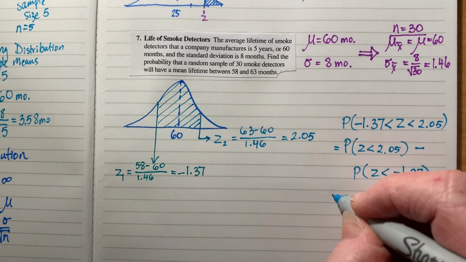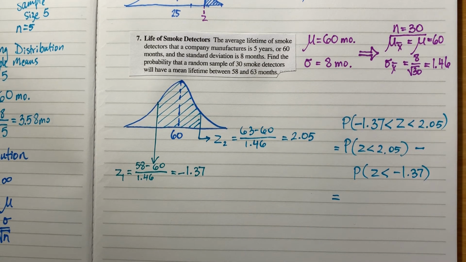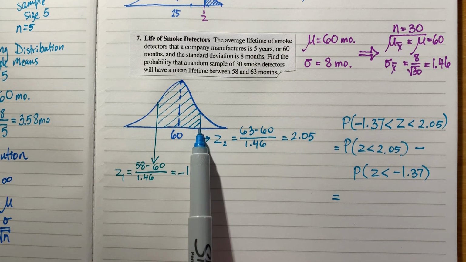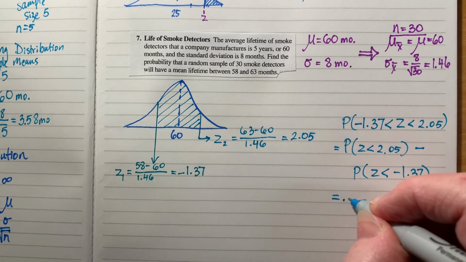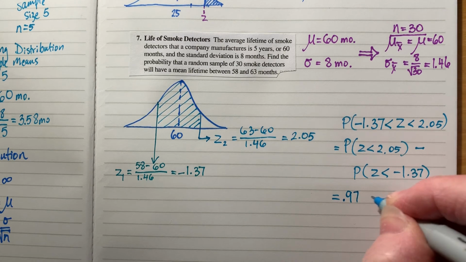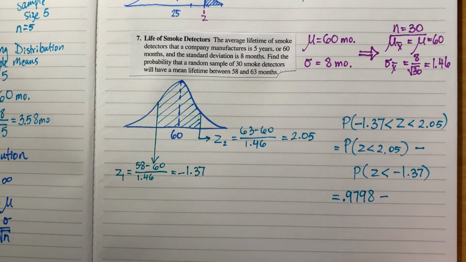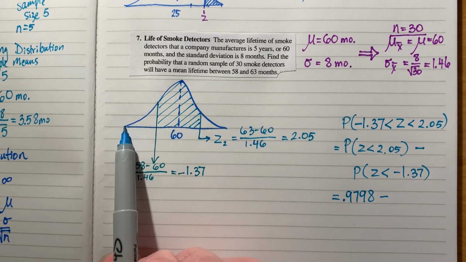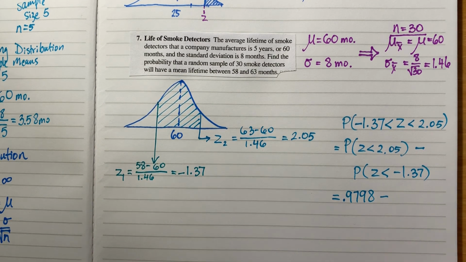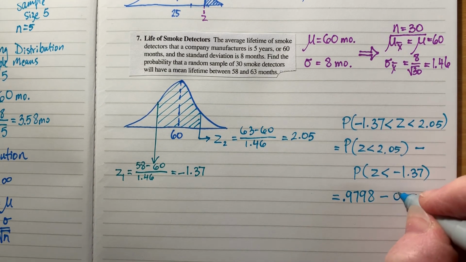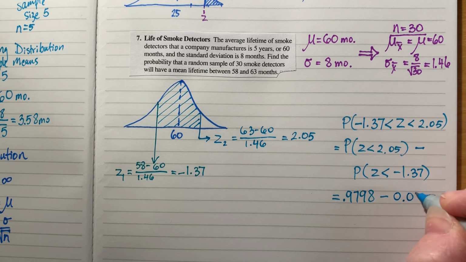Okay. So the probability for having anything up to 2.05 standard deviations is going to be 0.9798. The probability of being of this area, right, up to negative 1.37 is 0.0853.